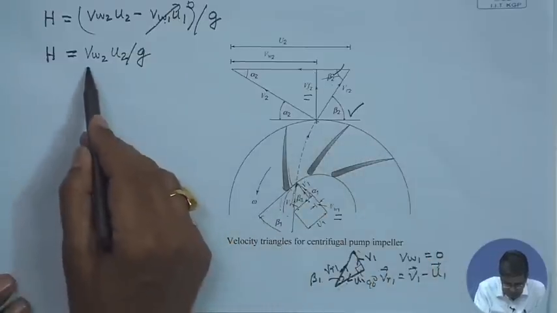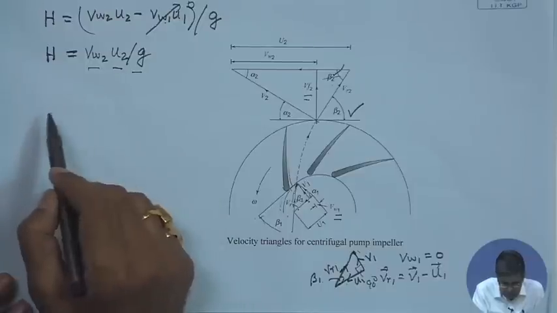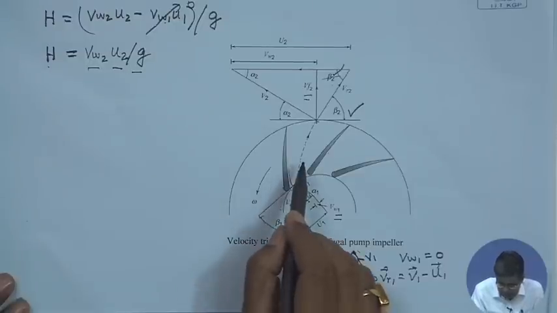So, therefore, Vw2 U2 by g is the head that is being given to the fluid.